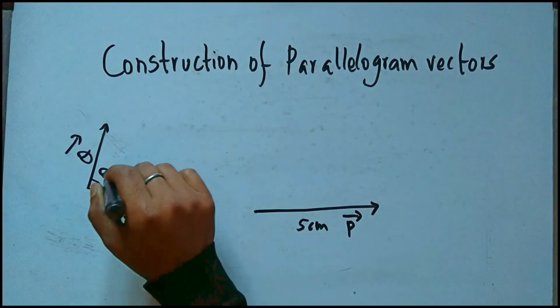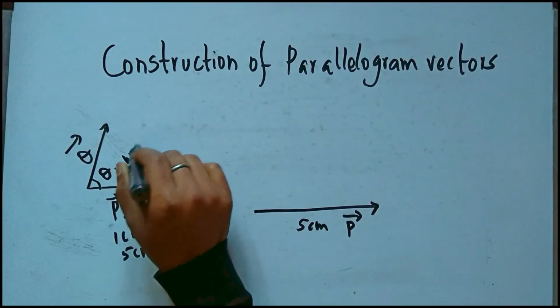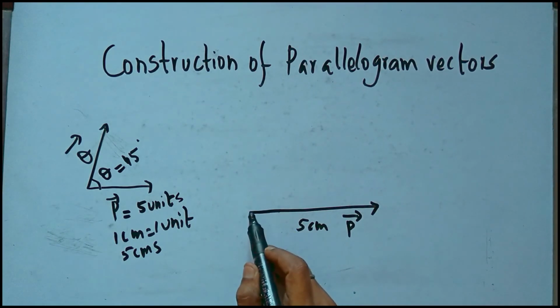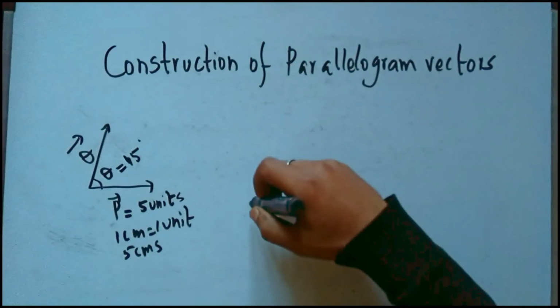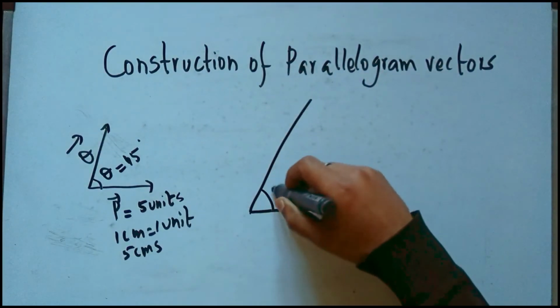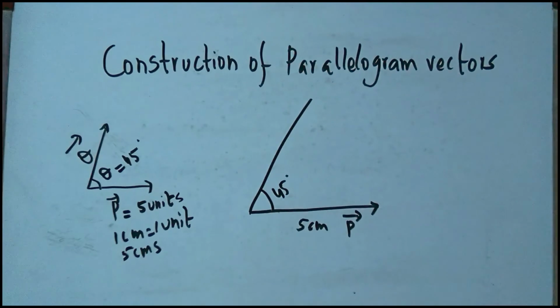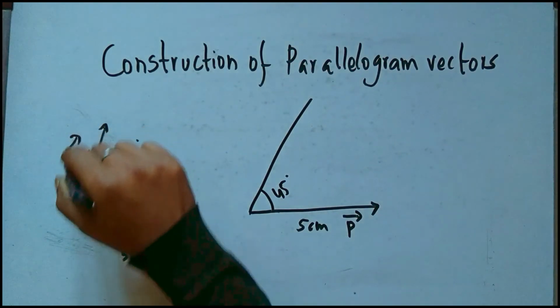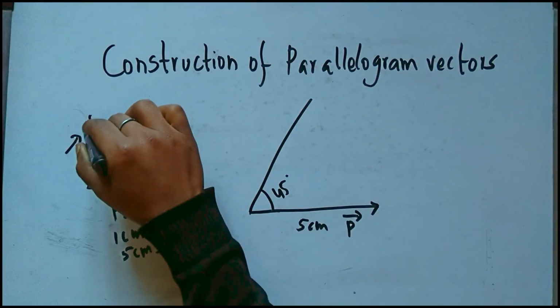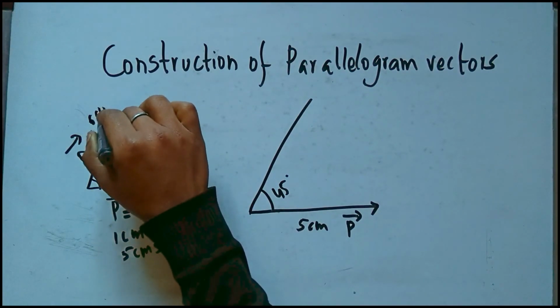Now if we know this angle, let it be 45 degree. Now we put the center of the protractor here and draw a line at 45 degree. Now let the magnitude of Q vector be 6 units.